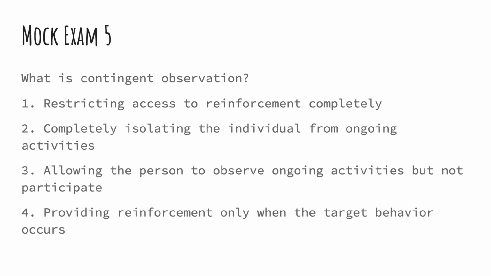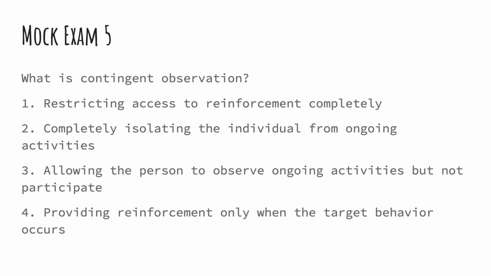2. Completely isolating the individual from ongoing activities. This option involves isolating the individual from ongoing activities, effectively removing them from the environment where the behavior occurred. Contingent observation, on the other hand, allows the individual to remain in the environment and observe, but not participate. 4.